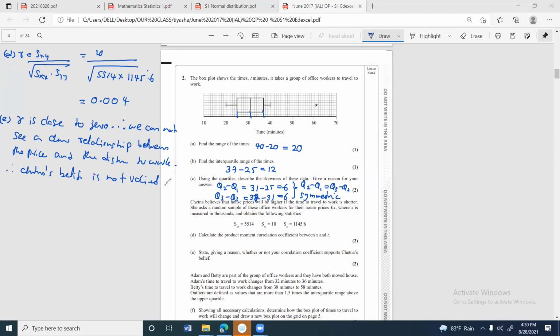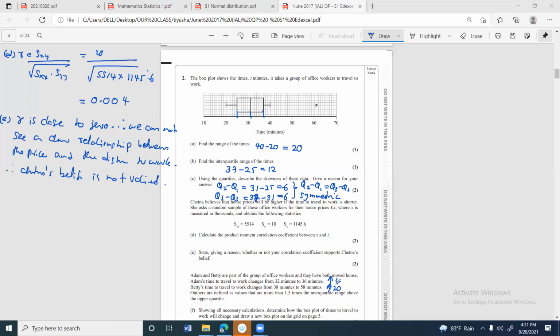Right. Adam and Berry are part of a group of office workers, and they have both moved house. Right. Adam's time to travel to work changes from 32 to 36. It increases by 4 units per day. Berry's time to travel to work changes from 38 to 50. Here it increases by 4 units, and here it increases by 20 units per day.